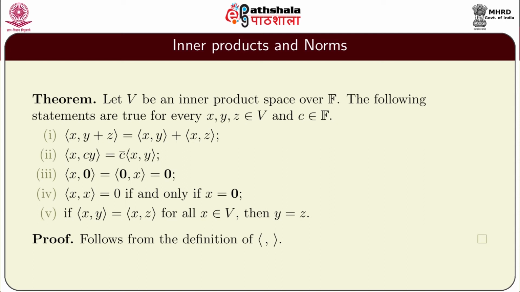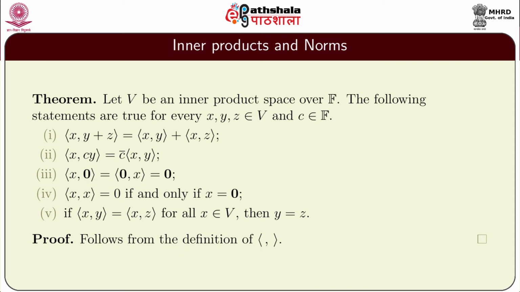Let us see some concrete cases. If V is the vector space Rn and x is an n-tuple x1, x2, ..., xn in Rn, then the norm of x, by definition, is the square root of the inner product of x comma x. That is given by (|x1|^2 + |x2|^2 + ... + |xn|^2) raised to the power half.